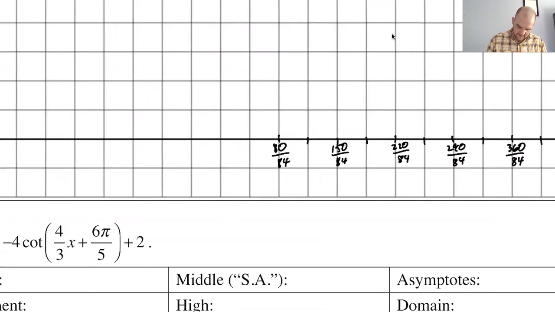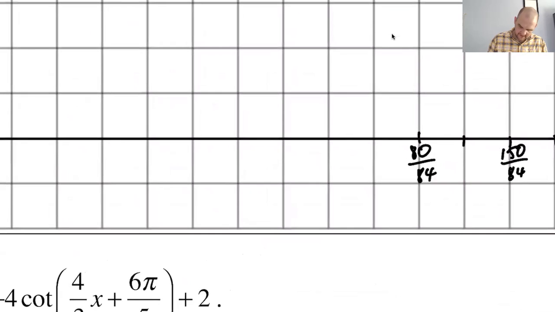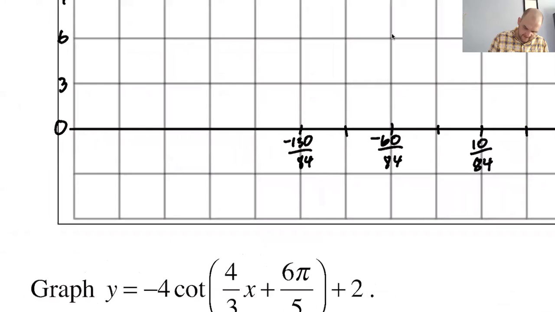Okay. Then we got to go the other way, which is not really harder, but for some reason a little harder. 10, negative 60. And then, did I make a mistake? Probably. Obviously not intentionally. Negative 190 over 84.